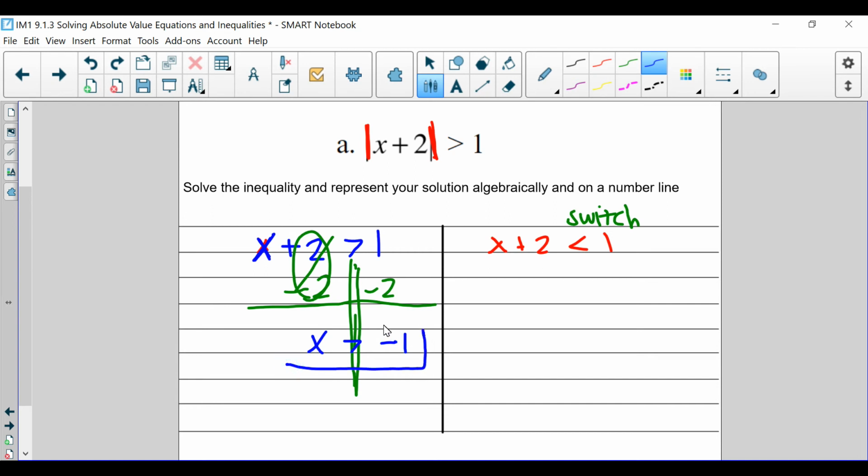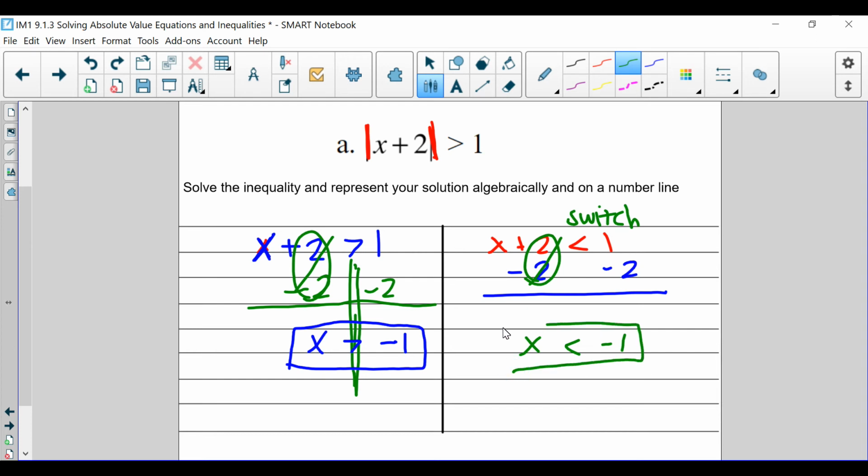This is one answer. And then we've also got this one where we subtract 2. And let's see this one. This one's going to be 0. X is less than -1. All right. And so what do we get for our situation here?